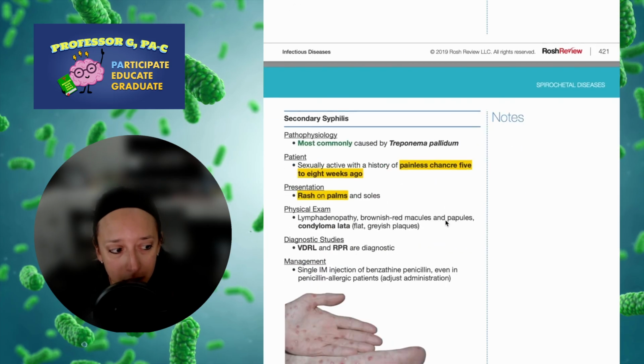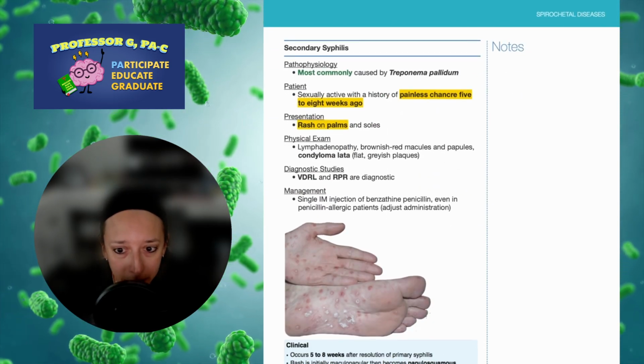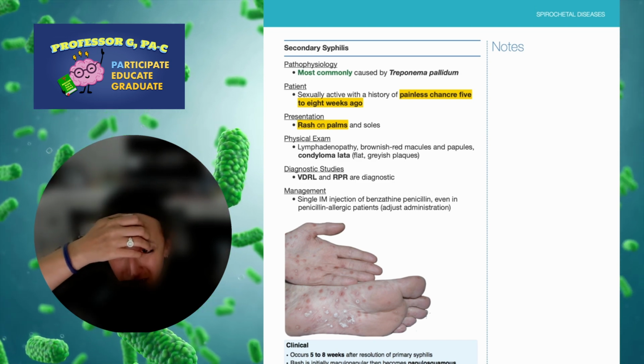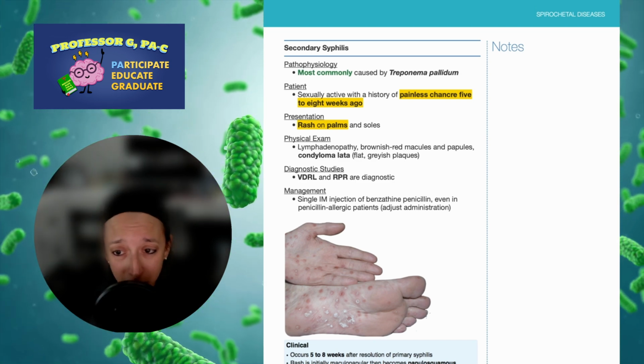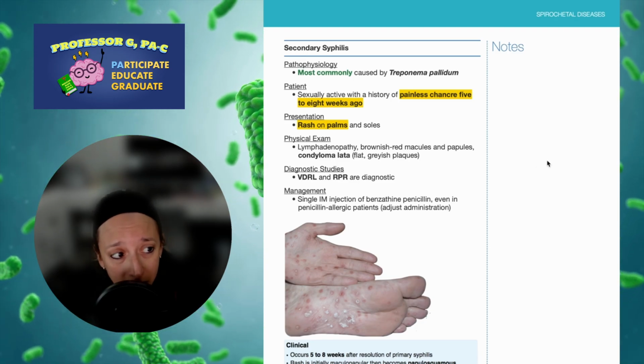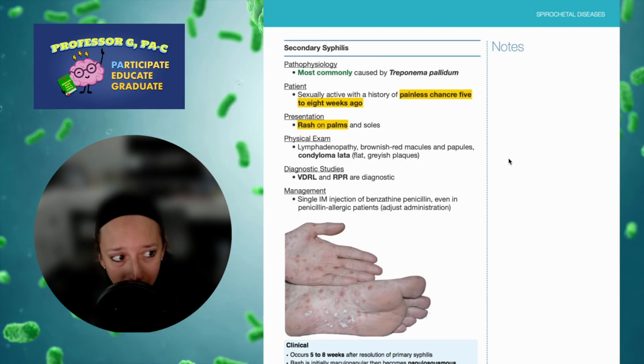All right. As far as secondary syphilis, again, most commonly caused by T. pallidum. Secondary syphilis develops usually 5 to 8 weeks after the initial infection with a diffuse rash involving the palms and the soles. They'll also get some lymphadenopathy and condyloma lata, which are flat gray plaques.